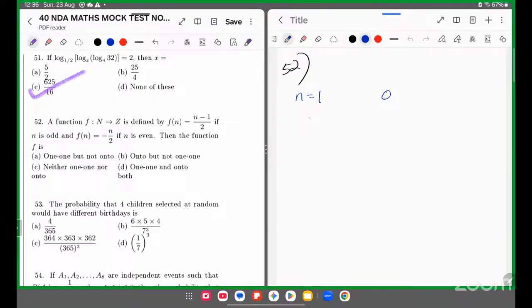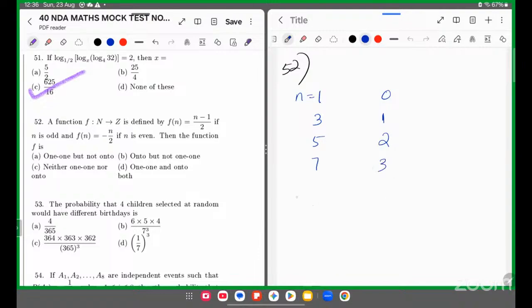When you put n equal to 3, 3 minus 1, 2 by 2, 1. When you put n equal to 5, 5 minus 1, 4 by 2, 2. So I think it is going like this: 1, 3, 5, 7. 7 minus 1, 6, 6 by 2, 3. So it is going like this.